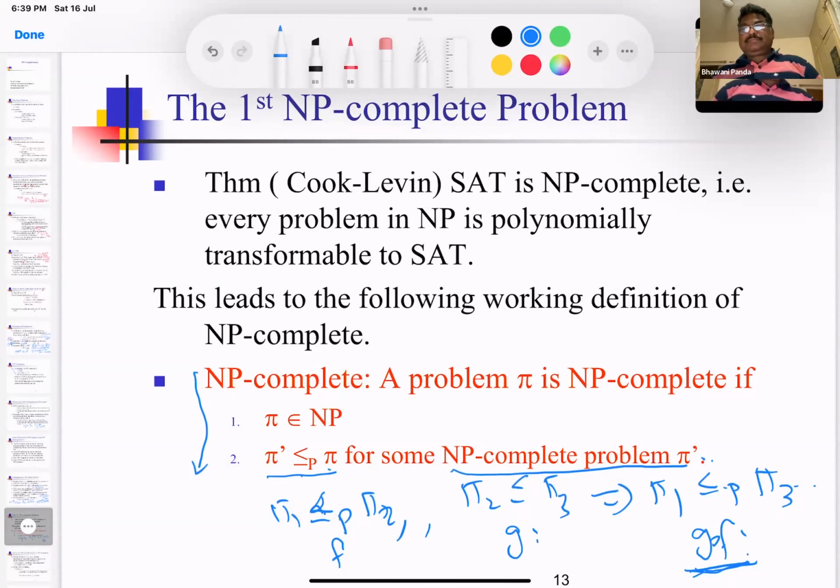Okay, so we'll give one example of a problem which doesn't belong to NP.